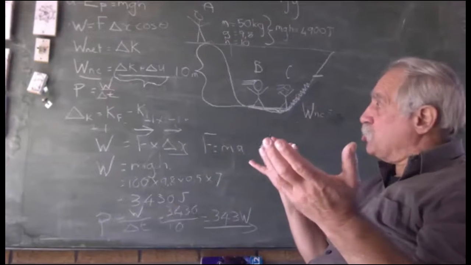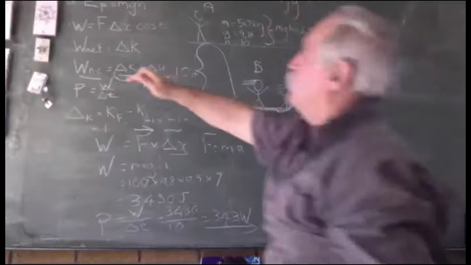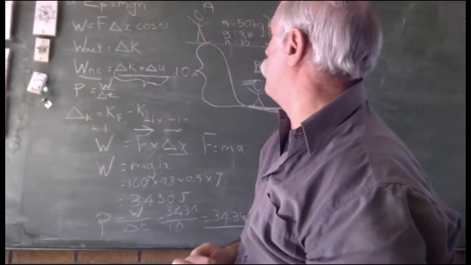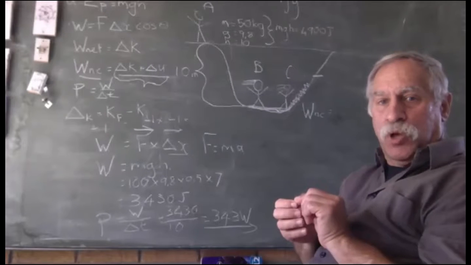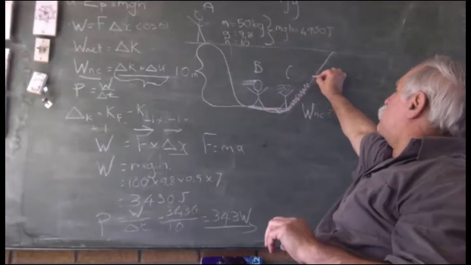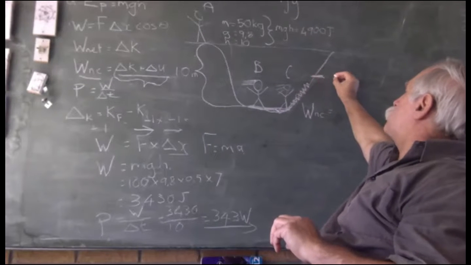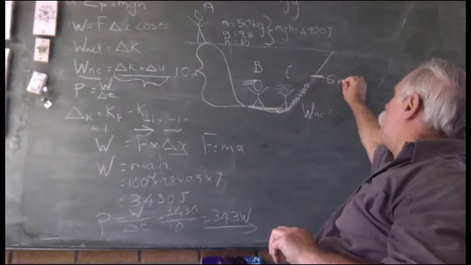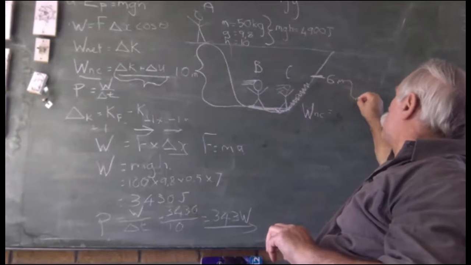Now, I suppose we want to know how do we play around with this WNC? Matsadiso, let's suppose she comes to a halt at 6 meters above the bottom.